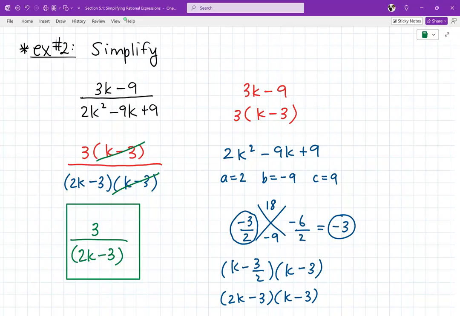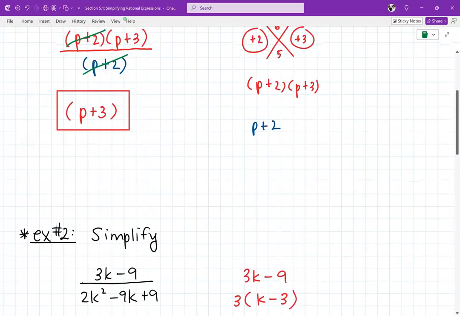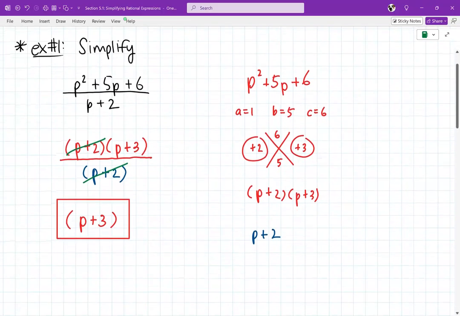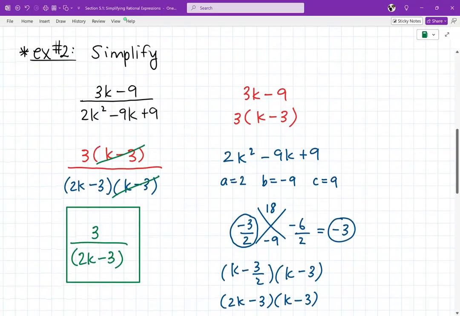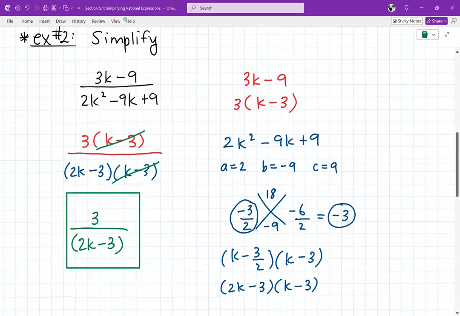In this case, you can see this one required a little bit more work than the previous one, right? Because in the previous example, I just factored the top, but the bottom, I couldn't do anything. This one, I was able to factor the top and the bottom. Granted, the top was easier to factor than the bottom one, but at least we did both and we got an answer.